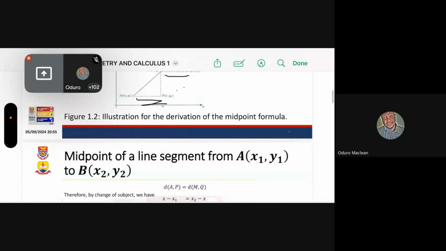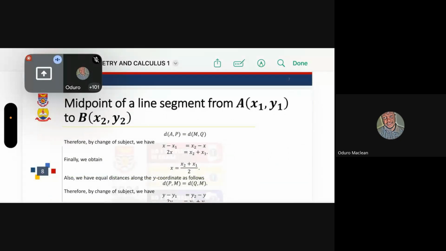So the distance from A to P, which is x minus x1, is equal to the distance from M to P, which is x2 minus x. So that is what we have: x minus x1 is equal to x2 minus x.